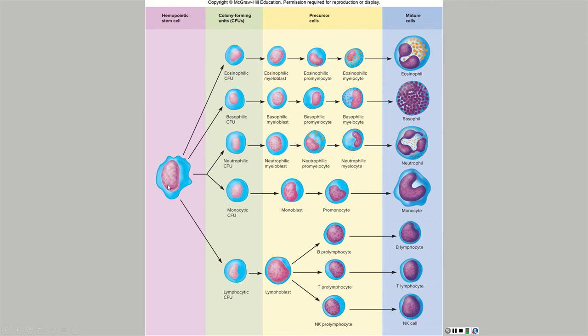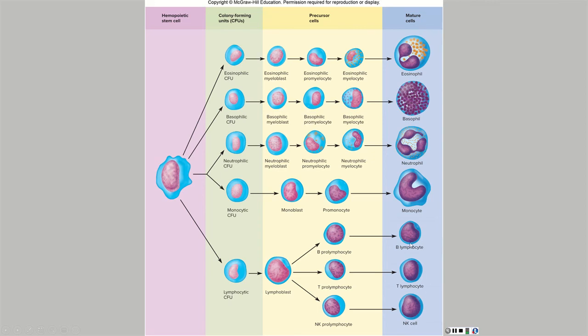If we're going to make leukocytes, the hemopoietic stem cell divides. One of them remains a hemopoietic stem cell. One of them becomes some type of colony-forming unit. The colony-forming unit then goes through some changes, and the end result are those individual different types of white blood cells.